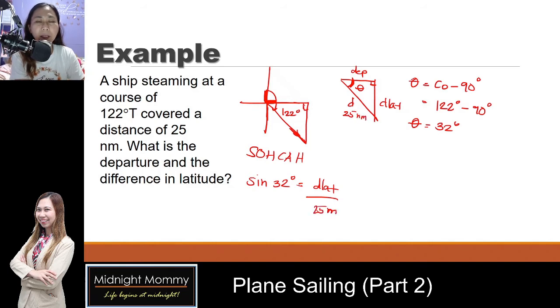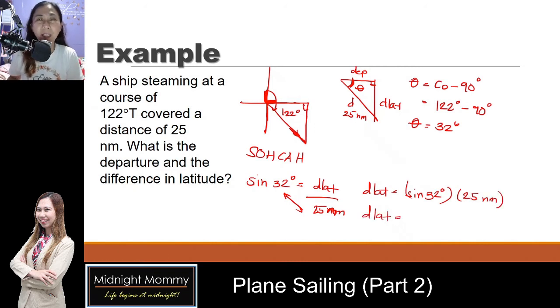Ayan. So, kung mapapansin nyo, para ma-solve natin yung dilat, just cross-multiply. Okay? Kaya dito, magiging sagot is dilat is equal to sine 32 degrees times 25 nautical miles. So, i-round off ko na lang yung sagot. So, this one is 13 nautical miles.